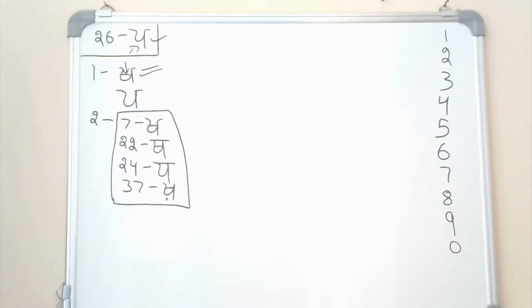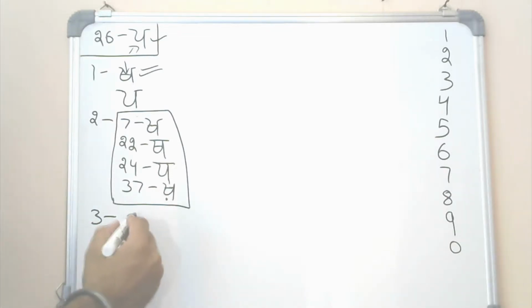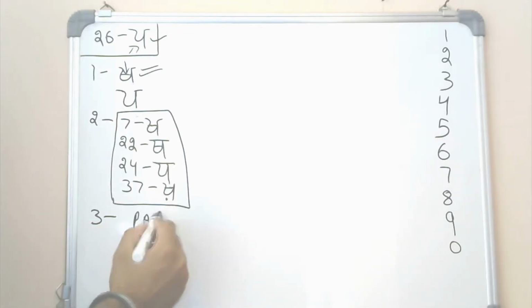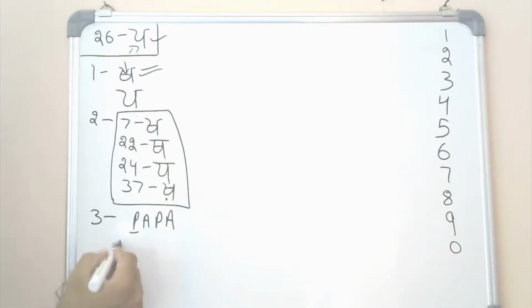The third step is pronunciation. Pronunciation of this letter is very simple. We have this word Papa, right? What I'm going to do is I'm going to get this sound P, and then this sound Pa.